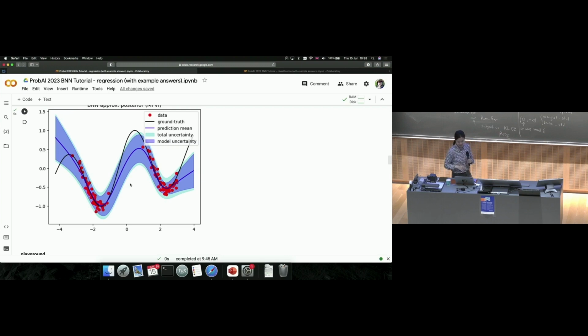Okay? So this basically means, although this is easy to implement, and it definitely gives you some uncertainty estimate, the quality of your Q distribution will be crucial in terms of the final result. So we are going to talk about some other approximate inference methods.